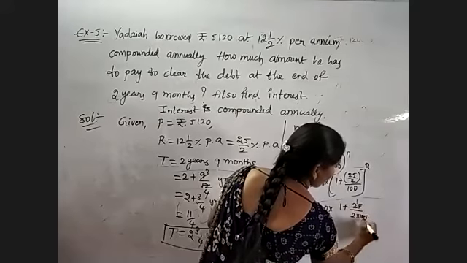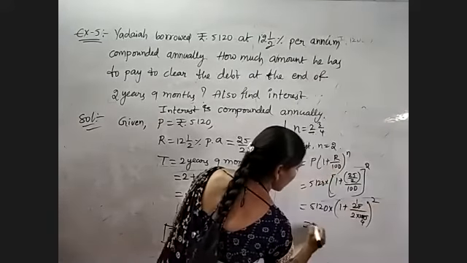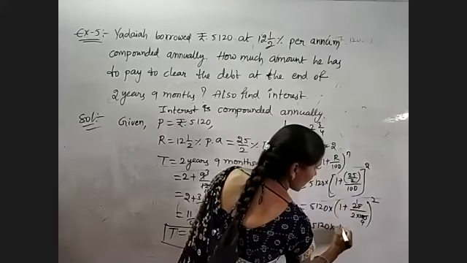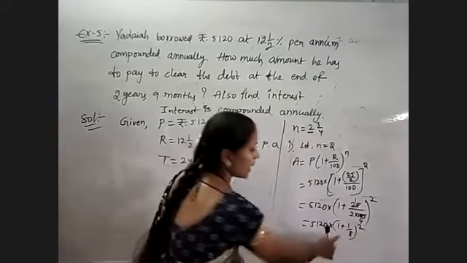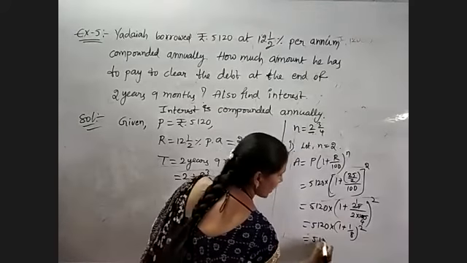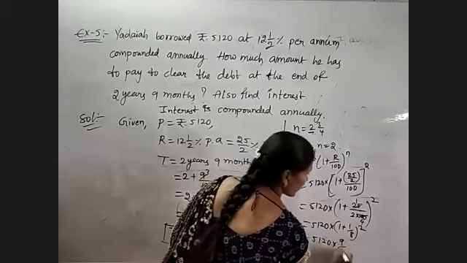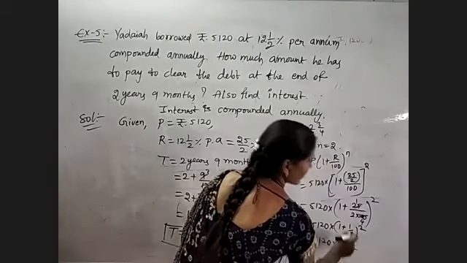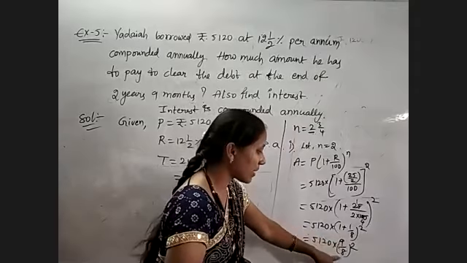So 25 ones are 25, 25 fours are 100, whole square, which is equal to 5,120 into 1 plus 1/8 whole square. So 8 ones are 8, 8 plus 1, 9/8 whole square. That is 5,120 into 9/8 whole square. 9 9s are 81/64.